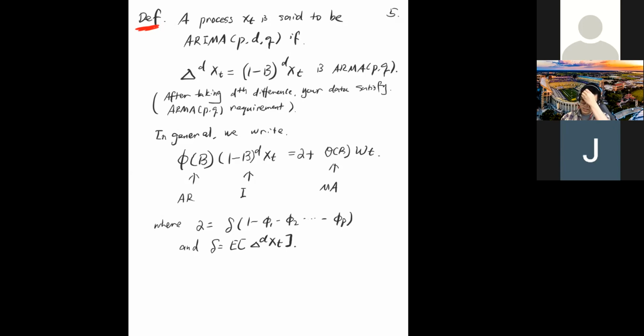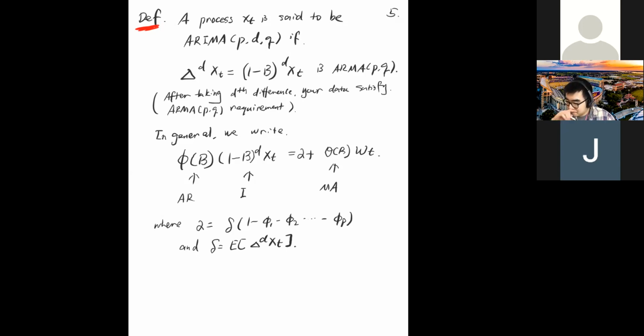As I discussed earlier, if you are already demeaning the data, then this constant is equal to 0. But if you do not demean the data, then you will have a constant term in this regression, and this constant term can be solved from the AR part and also the mean of your differenced data.